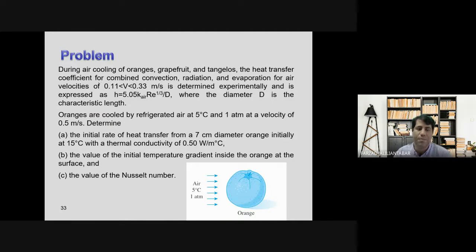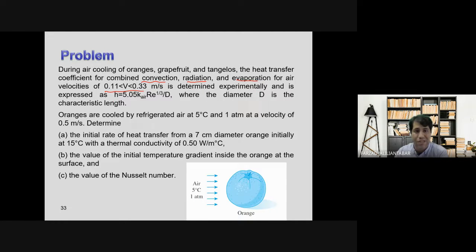The other example is related to the cooling of different fruits in storage and so on. During air cooling of oranges, grapefruit, and tangerines, the heat transfer coefficient for combined convection, radiation, and evaporation for air velocity between these values is determined experimentally.